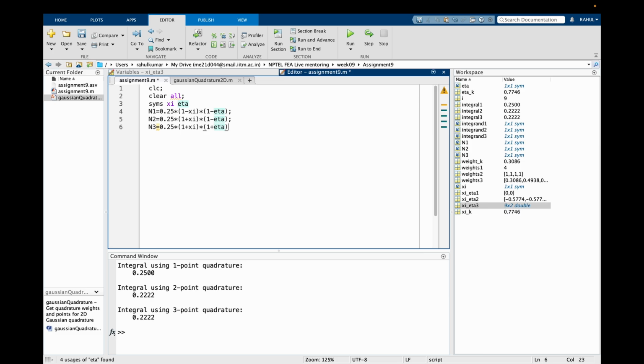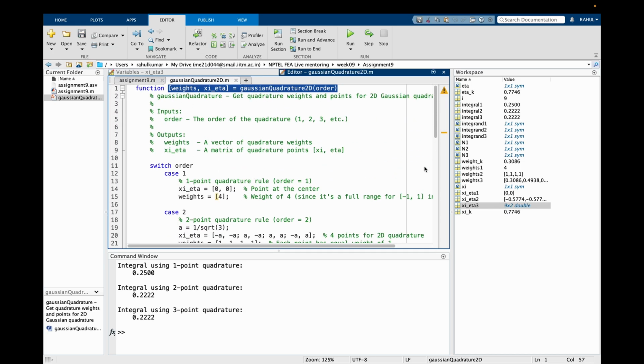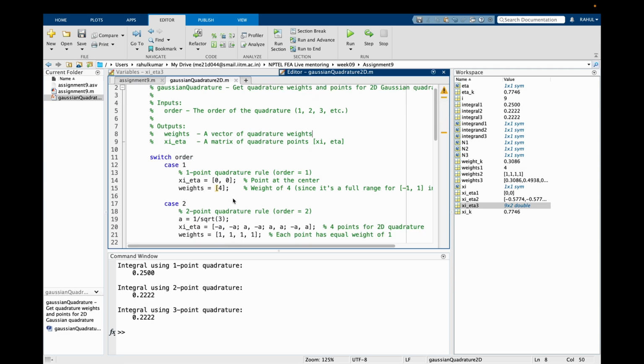Okay, and let's import this Gauss quadrature 2D function. If you give the points here, based on the points it will give the weights and xi eta.